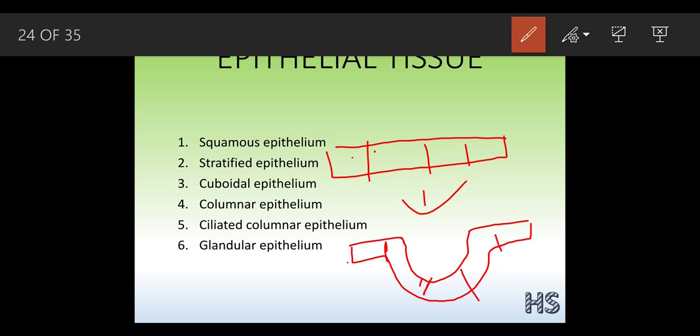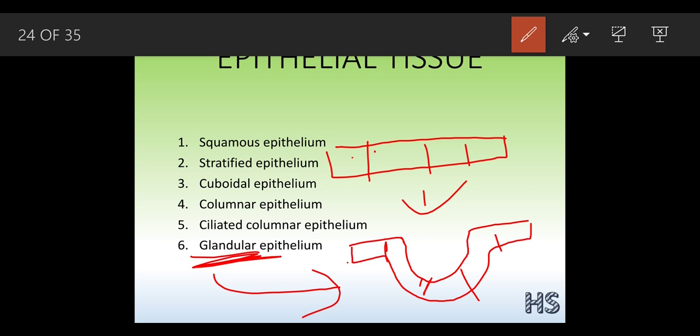This is nothing but the glandular epithelium. Where is this glandular epithelium present? It is present in the sweat glands, tear glands, or the liver. According to the name only you should get it. Sweat glands, tear glands, liver. They are present inside them.